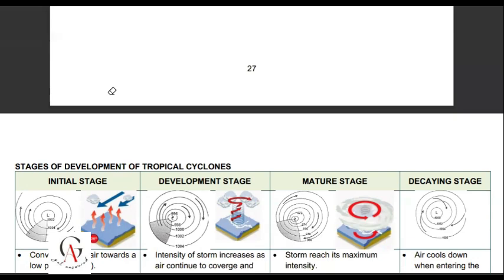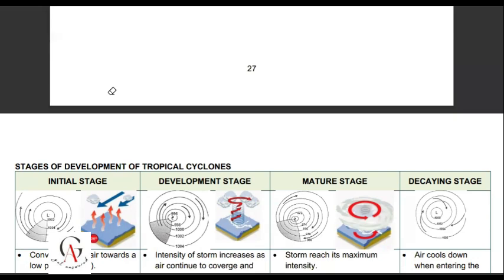So if you see a weather system called Hurricane Florence, it's still a tropical cyclone. It is called a hurricane because we are using a different naming in a different geographical region. If it has affected places in America, they typically call them hurricanes. If it's in Asia, they call them typhoons.